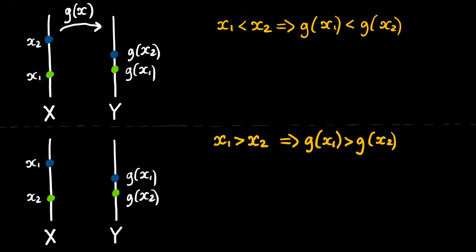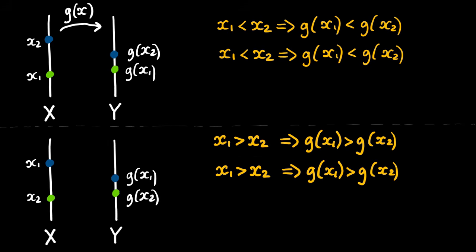The blue dot will still be ahead of the green dot, will be greater than the green dot. And if you look at the bottom, nothing says that the blue dot has to be called x2, right, like we did in the case above. So in the bottom case, we're just calling the blue dot x1 and the green one x2. And the order preservation property means that in the range of the function, the blue dot will still be ahead of the green dot.